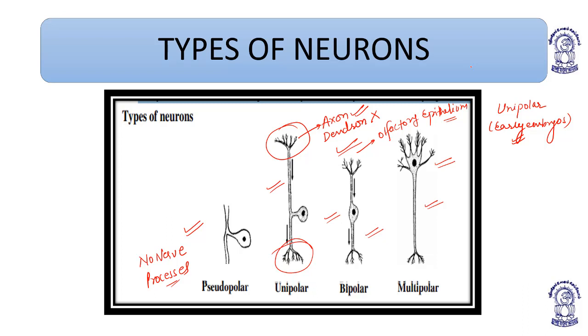The ganglia of the 8th cranial nerve have bipolar neurons. Understood?